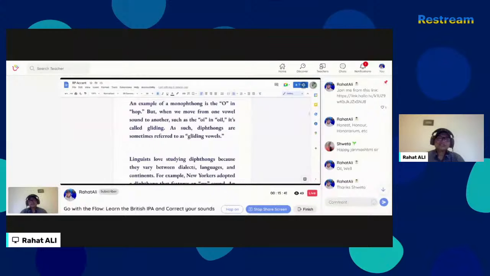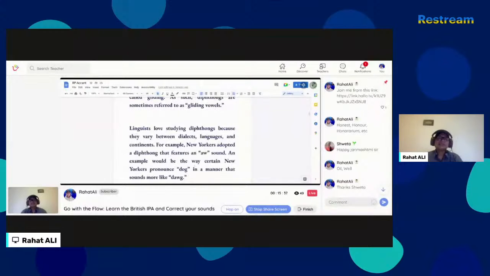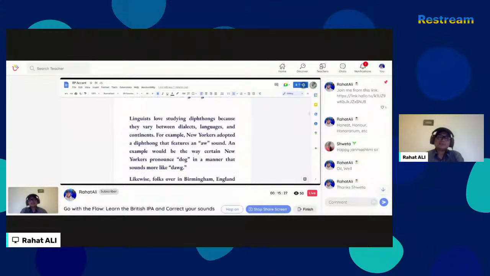Linguists love studying diphthongs because they vary between dialects, languages, and continents. For example, New Yorkers adopted a diphthong that features an AWO sound. An example would be the way certain New Yorkers pronounce dog in a manner that sounds like dog.